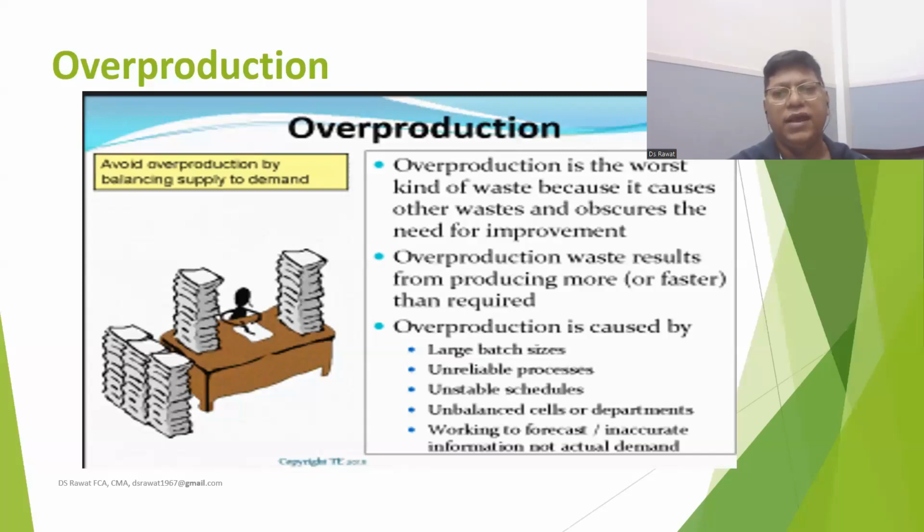Therefore, this is the production planning area and the process control area also, where we have to make an effort to avoid this overproduction. Overproduction is 100% waste, whatever the reason.